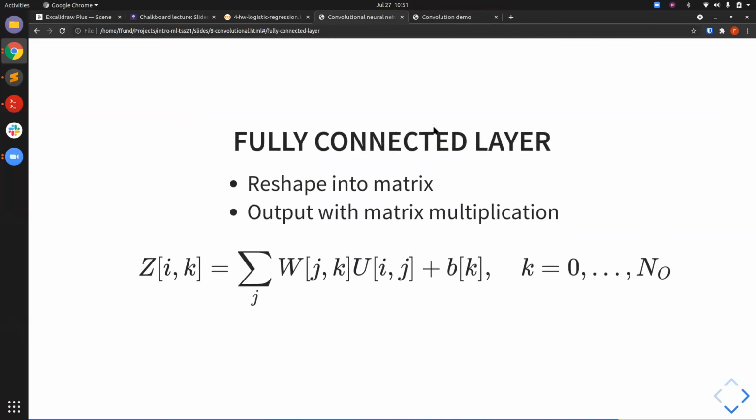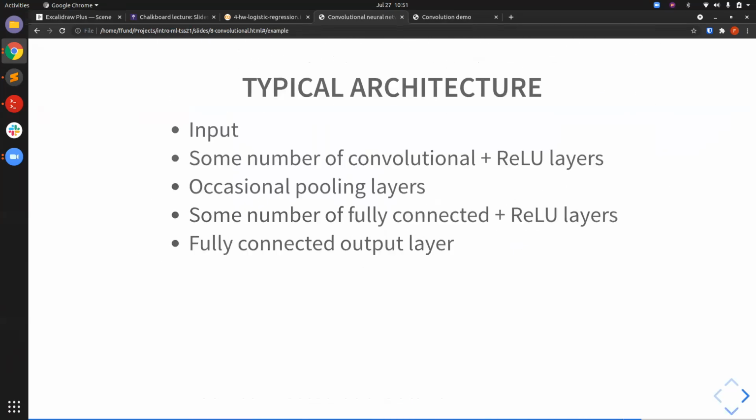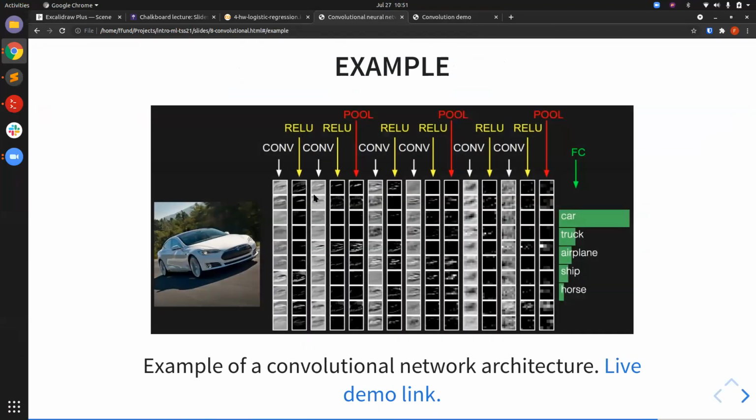Now, typically, I'll end with a fully connected layer. So I'll have some stacks of convolutional layers with a nonlinear activation, then pooling layers every so often. And then at the end, I'll have a fully connected layer. That's a layer that will take all of these outputs and feed them into my output layer.